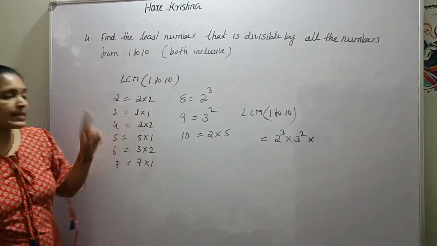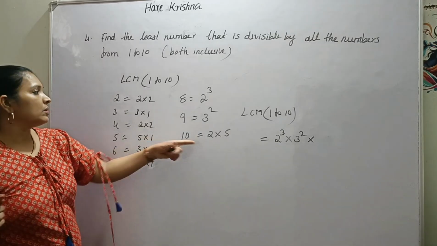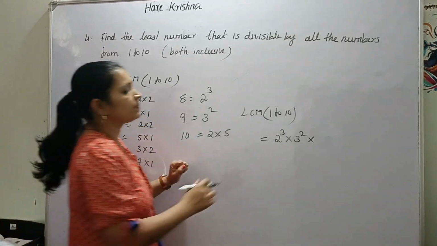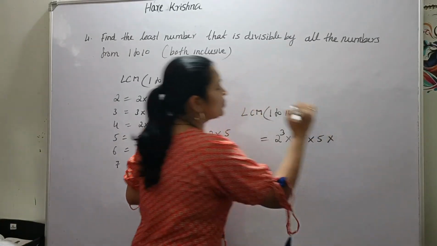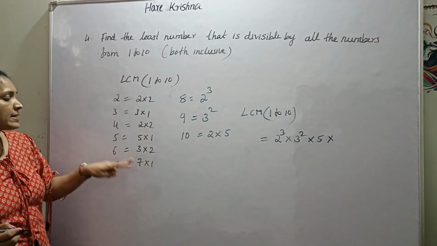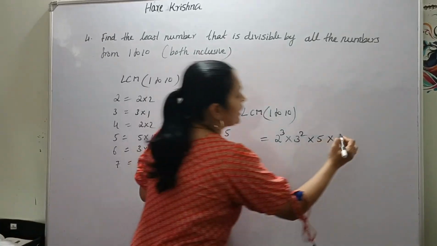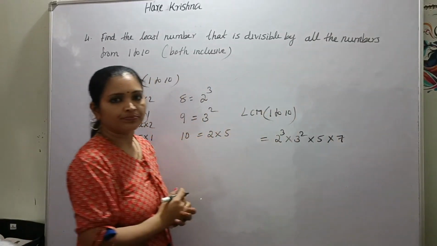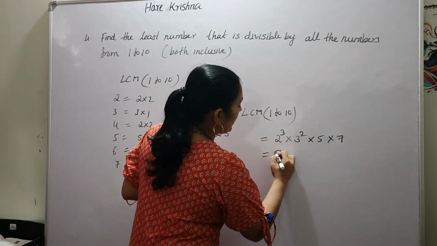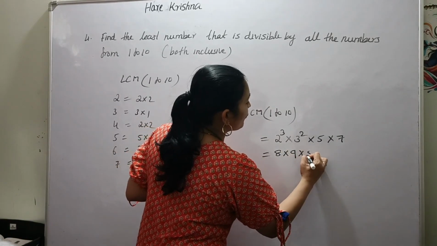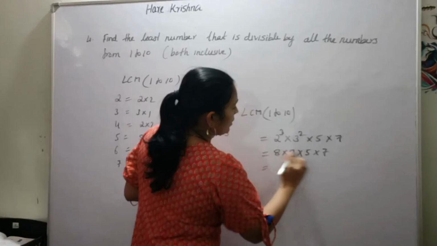Into the next prime factor 5, power is 1, therefore 5. Into the next prime factor 7, the greatest power is 1, therefore 7. That is equal to 8 into 9 into 5 into 7.